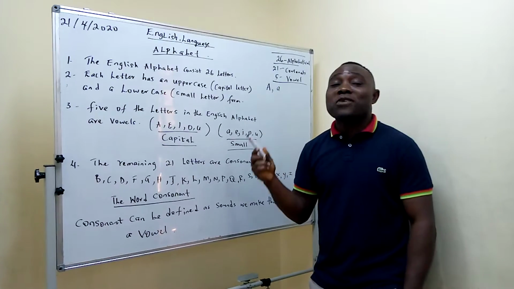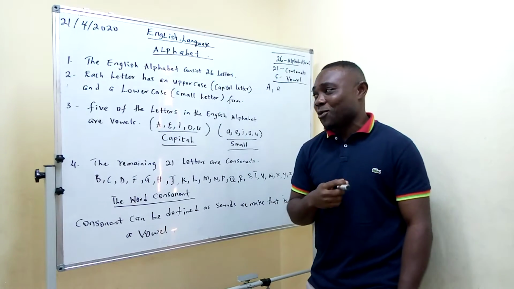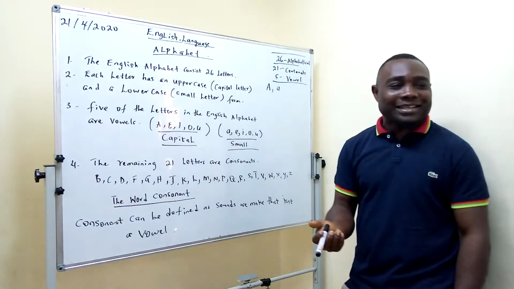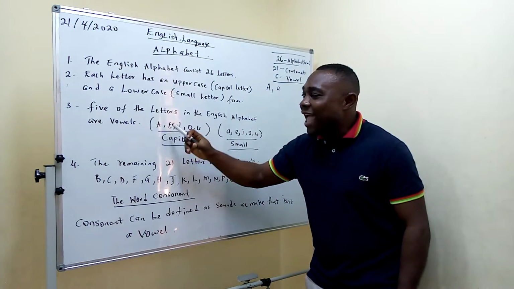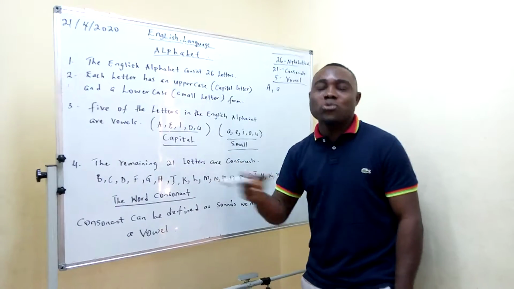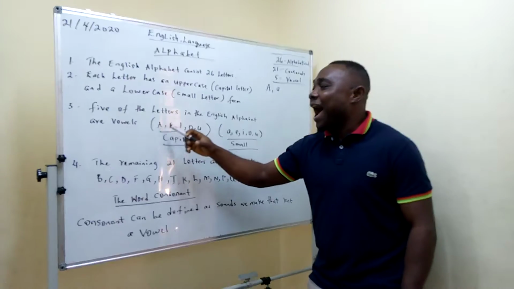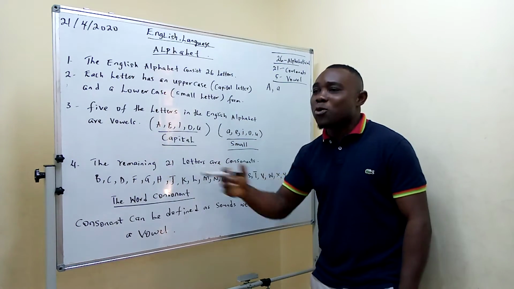We've learned this over and over again before. What are the 5 vowel letters? They are A, E, I, O, U. Again, A, E, I, O, U.